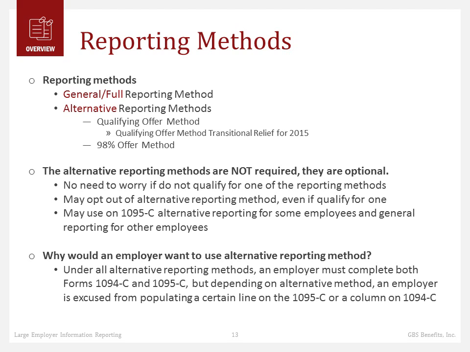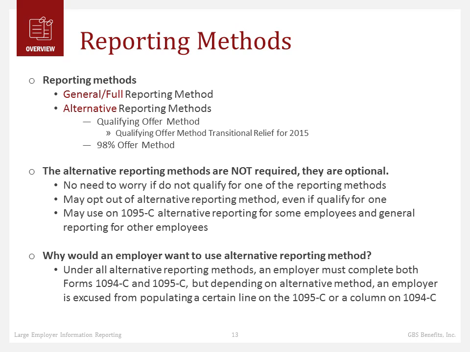There are also a few alternative reporting methods in which you are allowed or excused from filling out a certain line or a certain column, depending on what the method is. So the alternative reporting methods are qualifying offer method and 98% offer method. We also have one that is just for this year called the qualifying offer method transition relief for 2015.